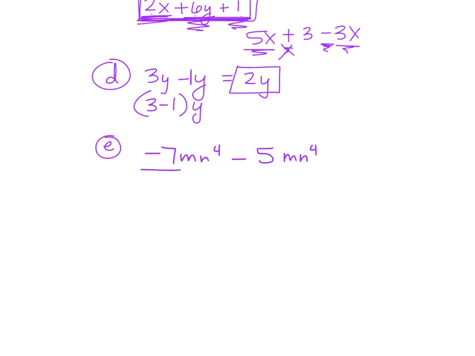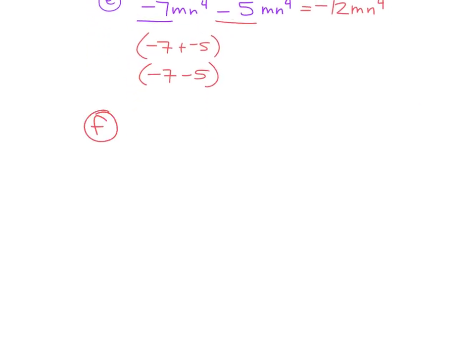So we're doing negative 7 minus 5. What is that? Negative 12, right? Negative 7 minus 5. So it's like a negative 7 plus a negative 5, or you can just do negative 7 minus 5. So that would be a negative 12. And then it's m n to the 4th. Okay?